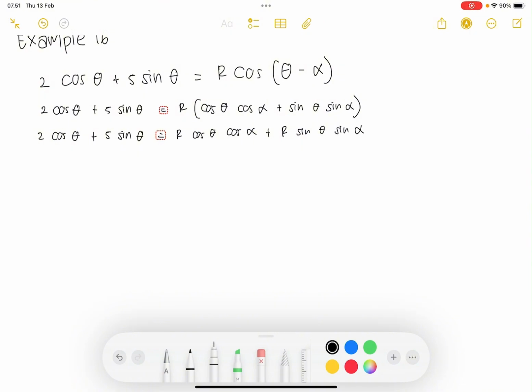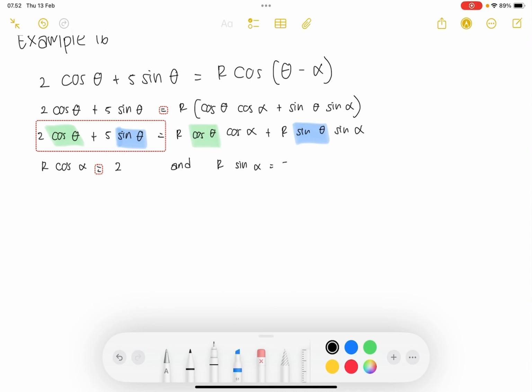So this one we will come up with the value r cosine alpha equal to 2. Still remember, this is the same, this is also the same. That's why we will come up with these two equations right here. R sine alpha equal 5.